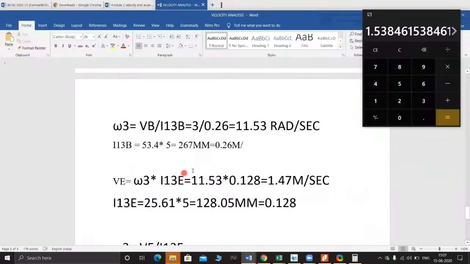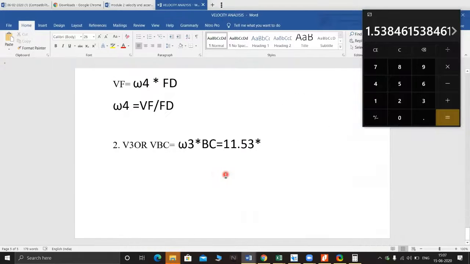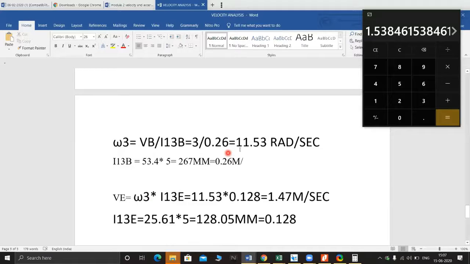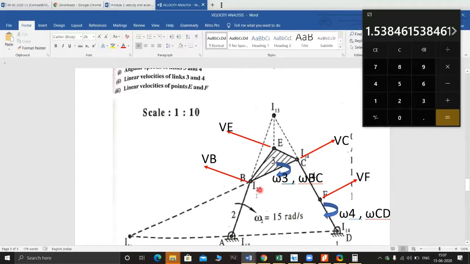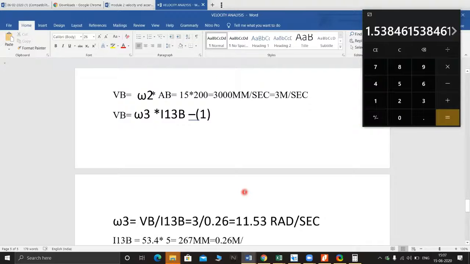BC is around 200, which in meters is 0.2. Now 11.53 into 0.2 is 2.306. So V3, or VBC, is equal to omega 3 into the length of link number 3.